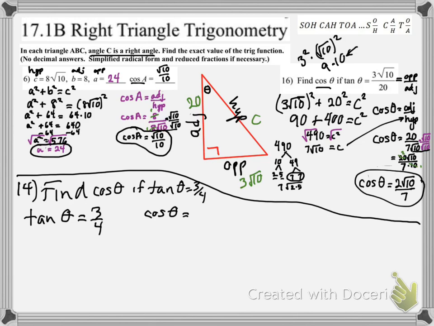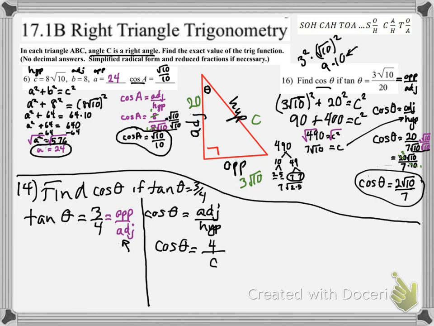Cosine theta is always adjacent over hypotenuse, and tangent theta is opposite over adjacent. When I start working on my cosine theta, I already know the adjacent from over here is going to be 4, but I don't know my hypotenuse.